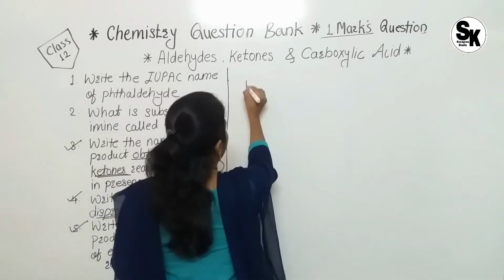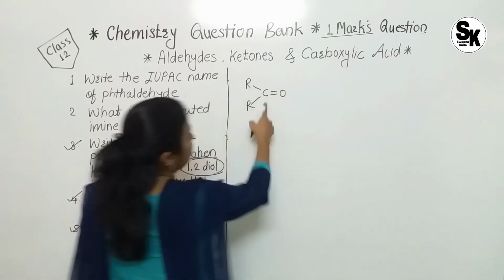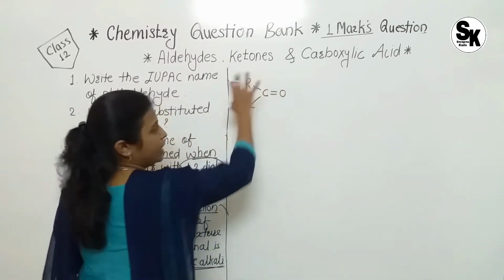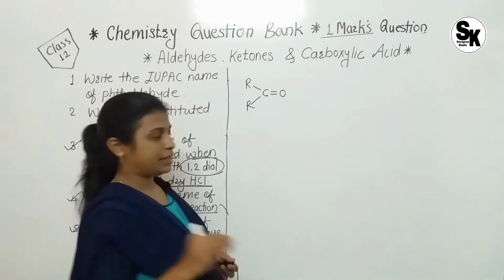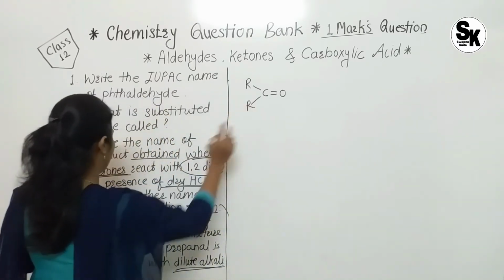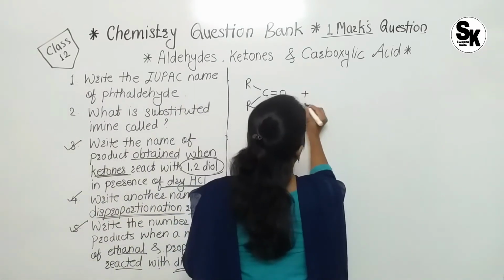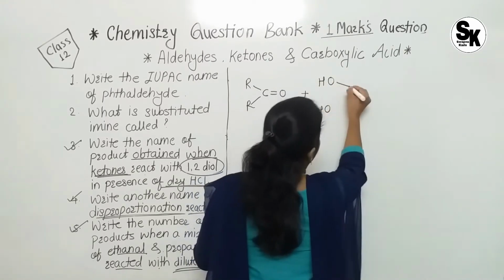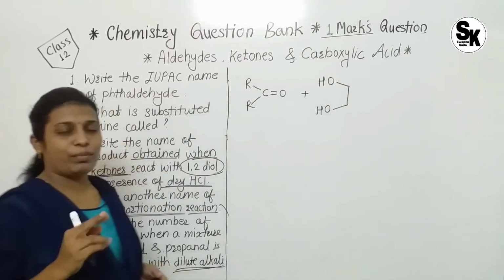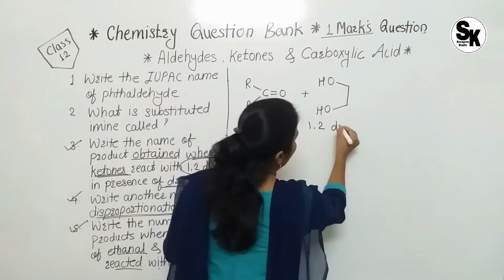So generally we will write here R, C double bond O, R. Here the carbonyl carbon is attached to 2 alkyl, 2 aryl or 1 alkyl 1 aryl, any one. So this is the formula for the ketone. It reacts with 1,2-diol. As we know, in the structure of diol there are 2 OH groups connected to each other by 2 CH2 groups, and this is the structure of 1,2-diol.